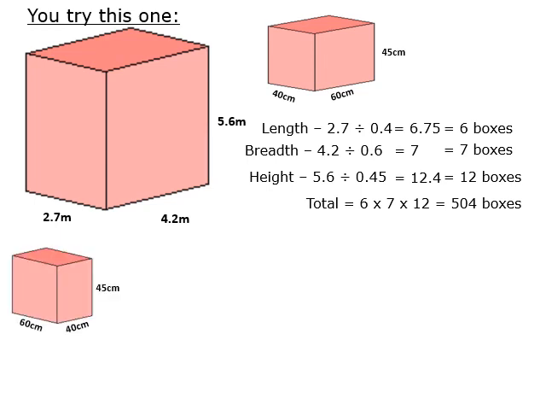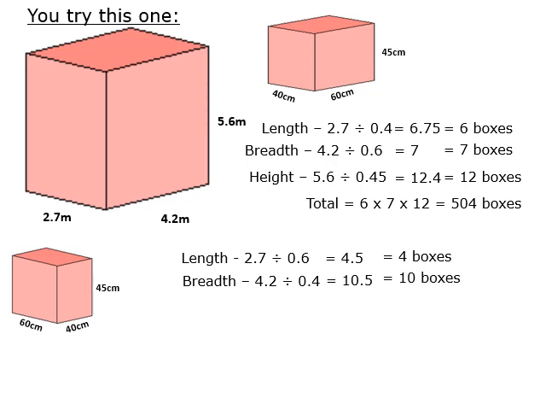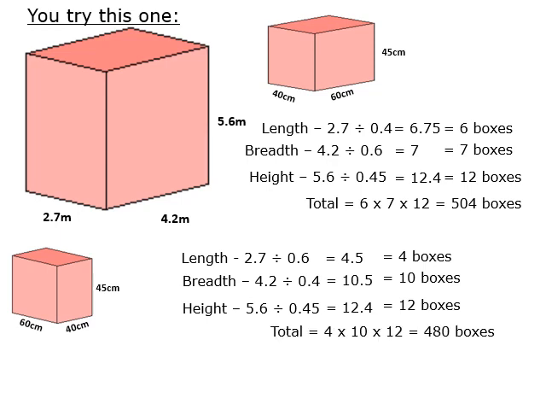Let's do the other orientation, so this time the 60s go with the 2.7. So 2.7 divided by 0.6 is 4 boxes. The 4.2 divided by 0.4 is 10 boxes, and we've still got the 12 boxes going up the height. So 4 times 10 times 12 is 480. So 504 is the maximum number of boxes we can fit in this way up.